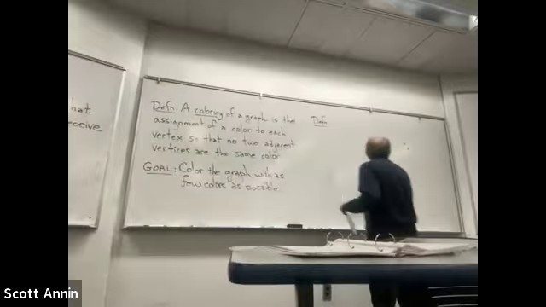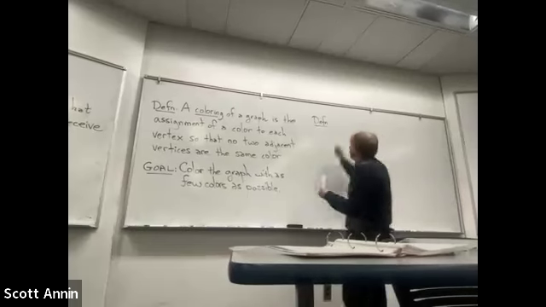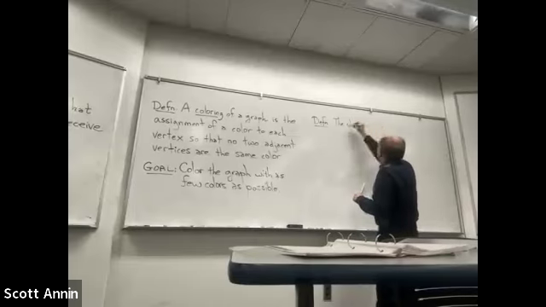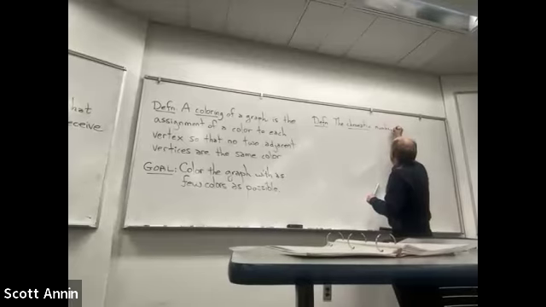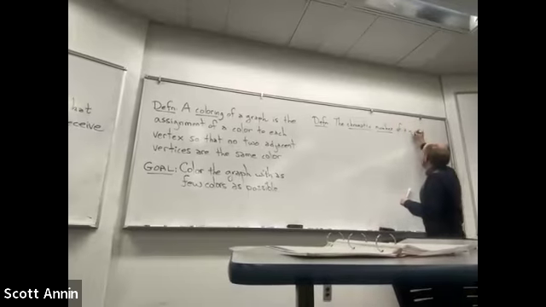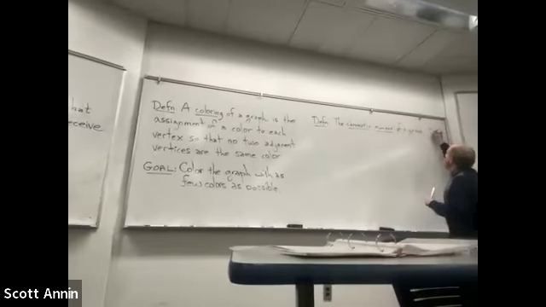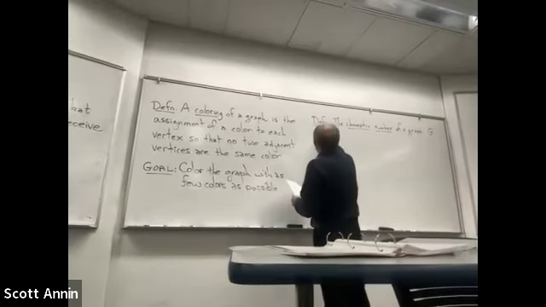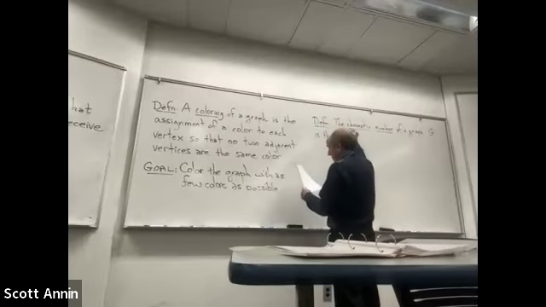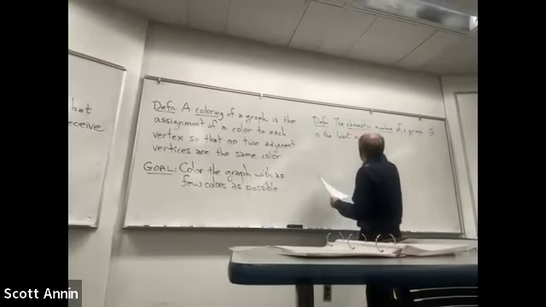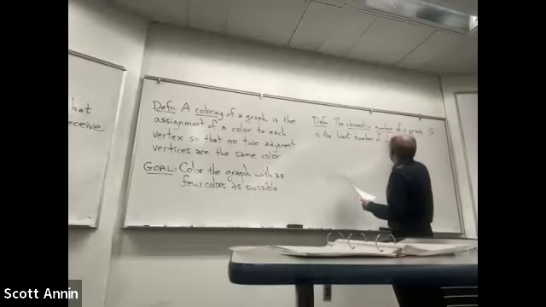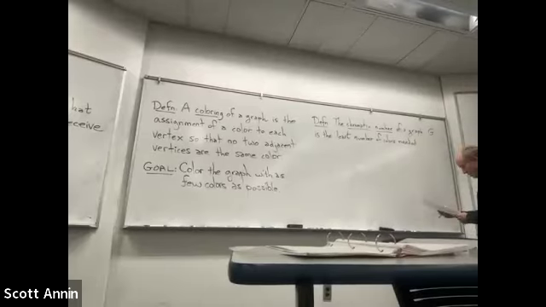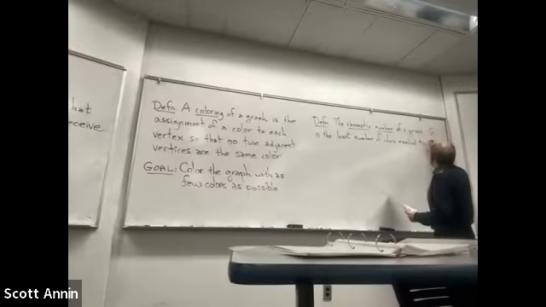The chromatic number of the graph, right? I want people to know about this. This is a pretty standard topic in graph theory. The chromatic number of a graph, G, is the least number of colors needed to color the graph.